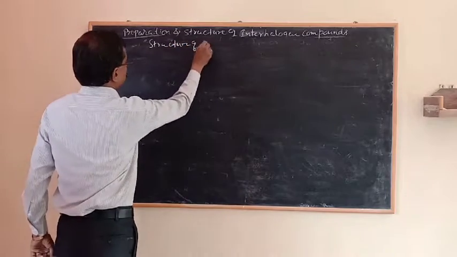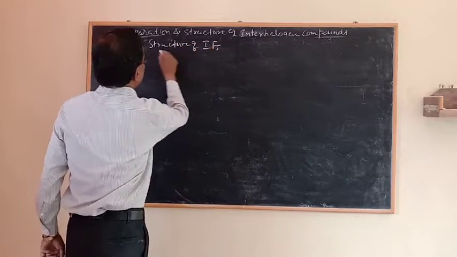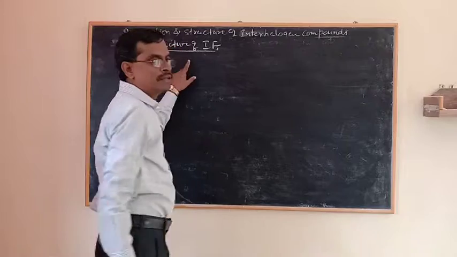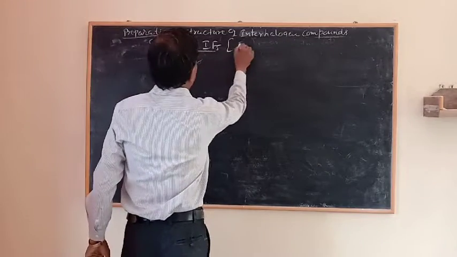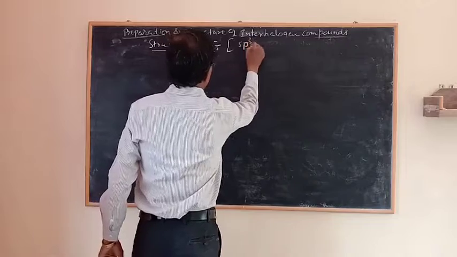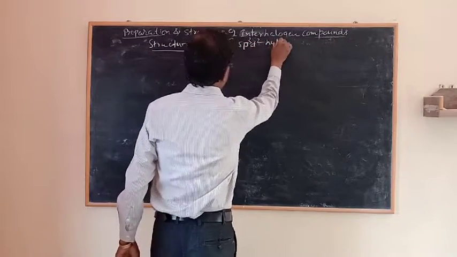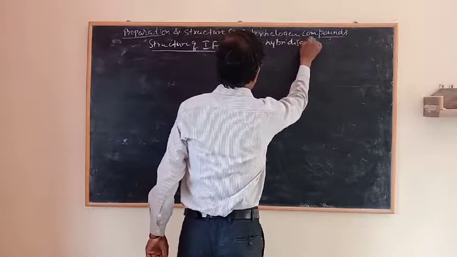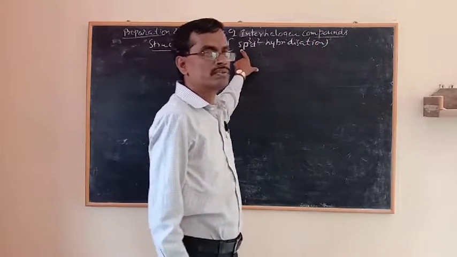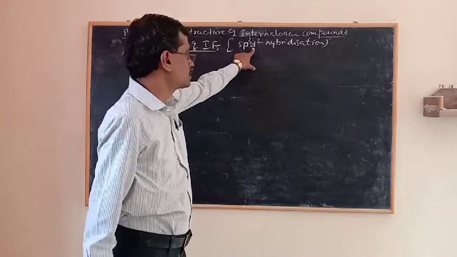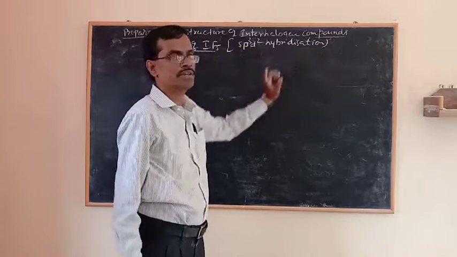Structure of IF5. In this structure of IF5, this is a type of sp3d2 hybridization. There is involvement of 6 orbitals in this, so it is sp3d2 hybridization.